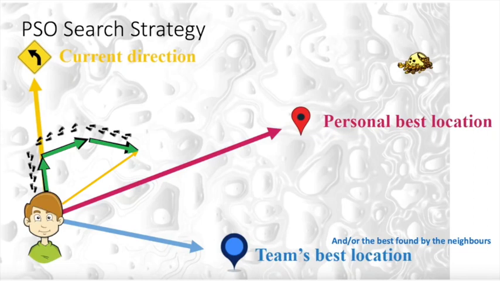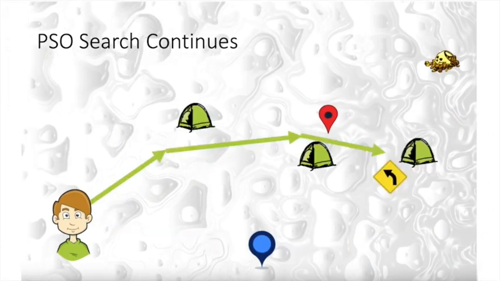And the arrow head shows the direction in which it is headed now. So the current direction has now been updated. Hence the particle has now a new location and a new velocity. And this way the search continues in the future iterations and the particle keeps moving on from point to point.